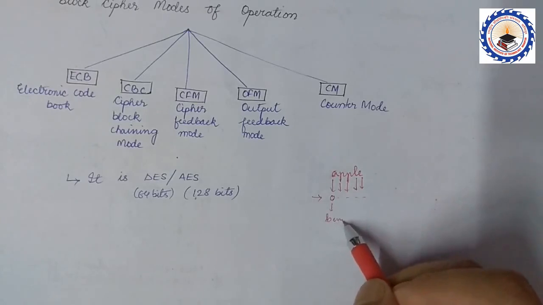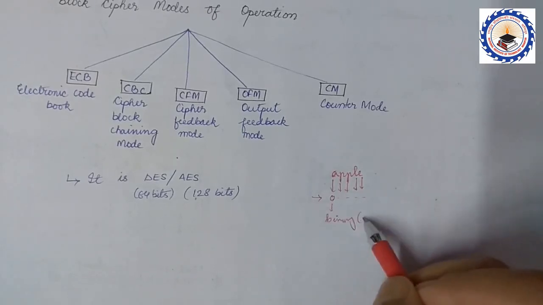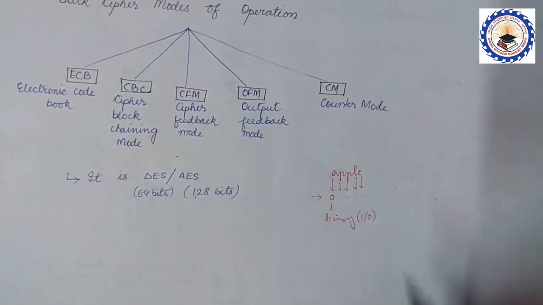Binary numbers means the combinations of ones and zeros. For 0 it is 0 only, for 1 it is 1, for 2 it is 1 0, and for 3 it is 1 1. So you can convert them into binary numbers, and then from that given binary number you can perform the operations here.